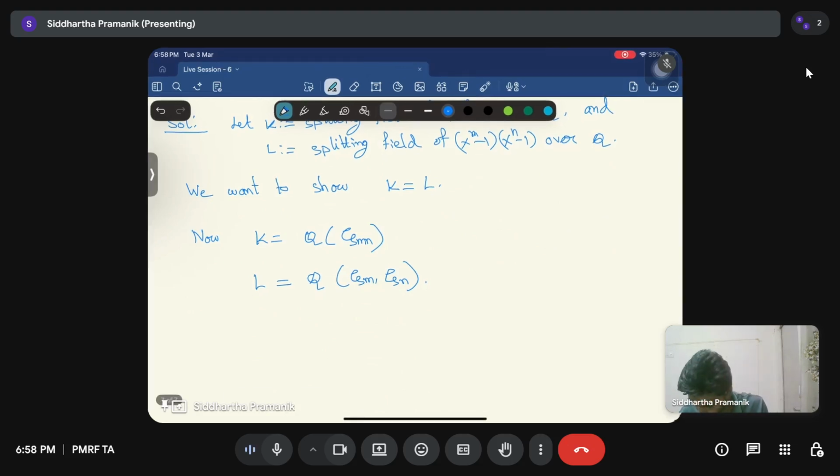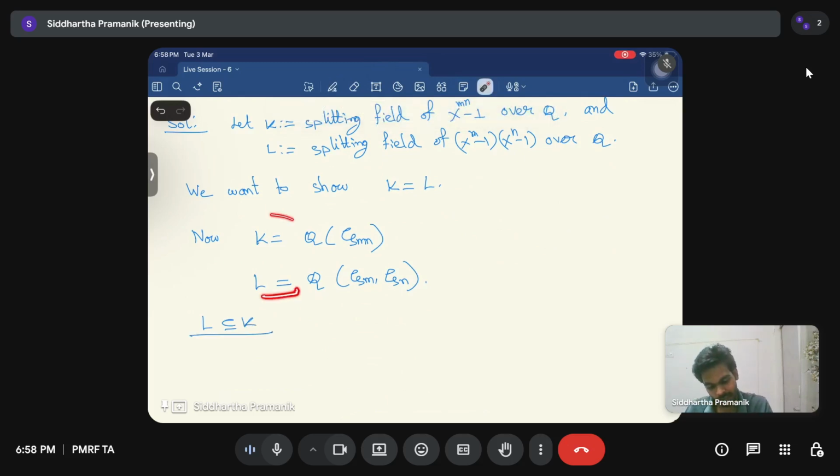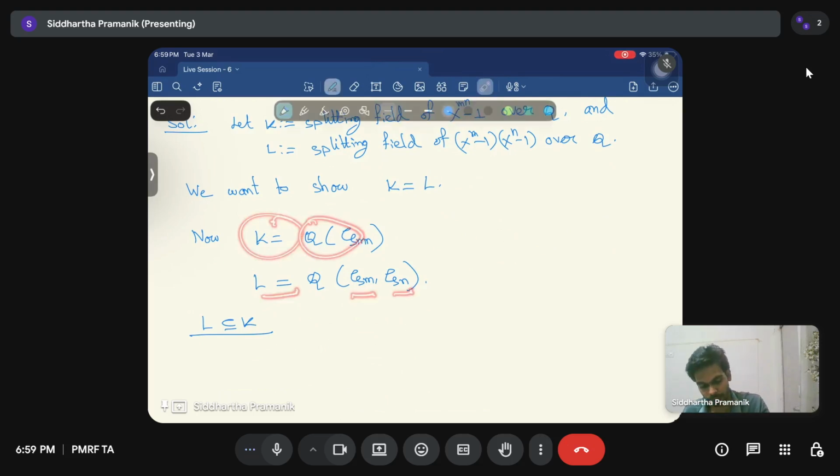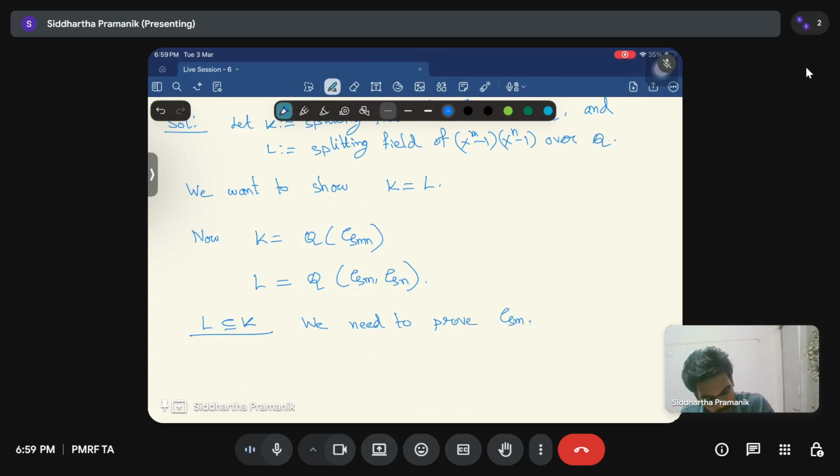So let's start with this one, L is a subset of K. So we need to prove L is contained in K. That means we need to prove zeta m and zeta n belong to K. But this is easy.